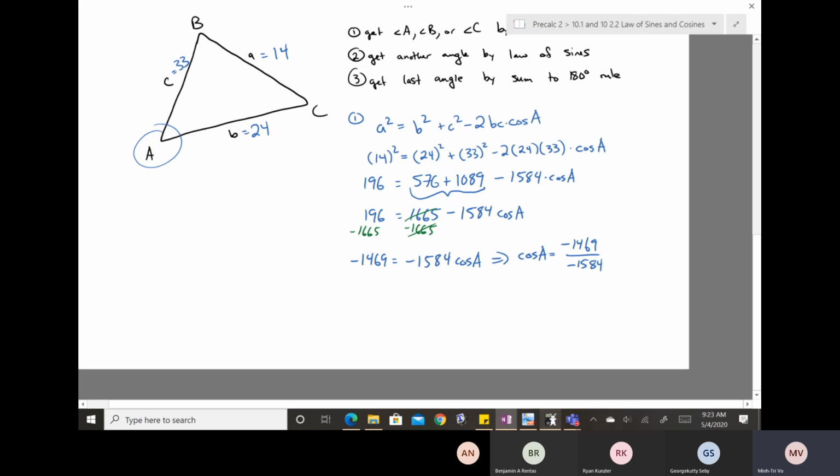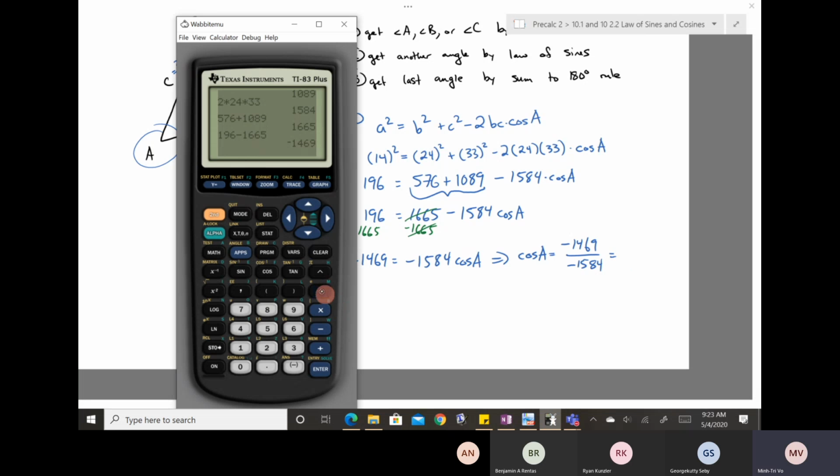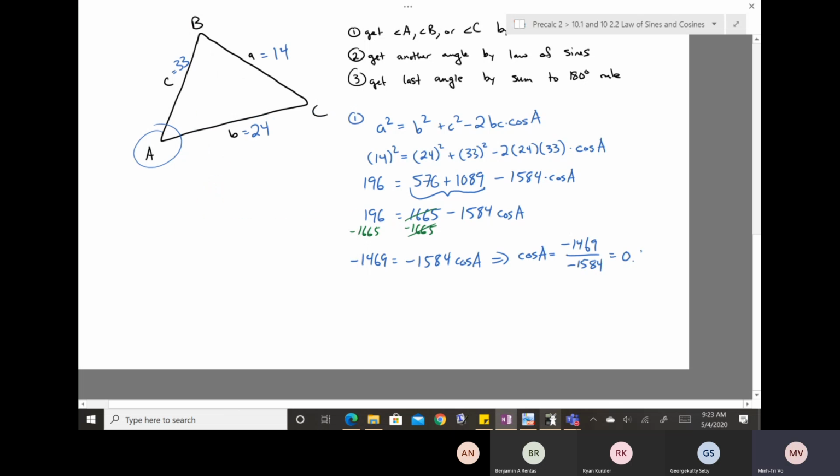Because I have to divide by the coefficient. And so what does this get me? That's about 0.9274. That's the cosine of the angle, and it's smaller than 1, so that's okay.